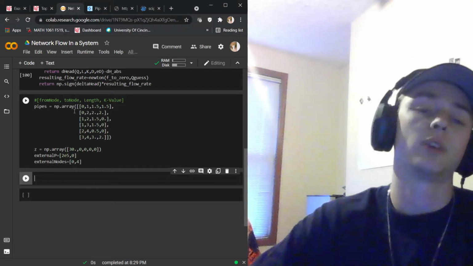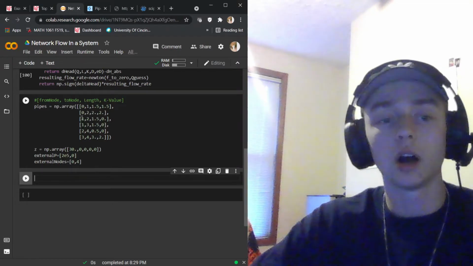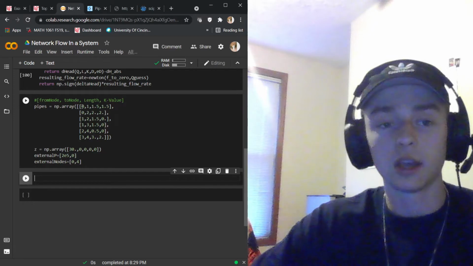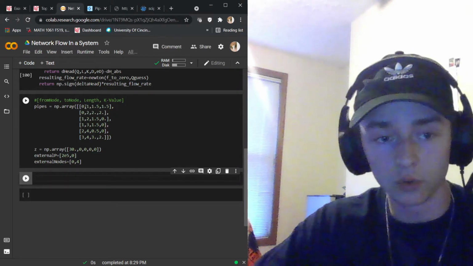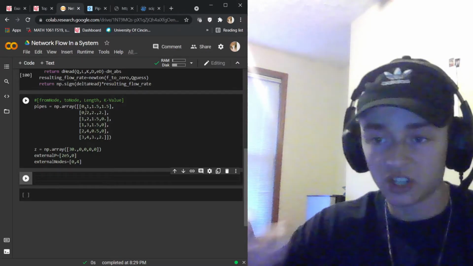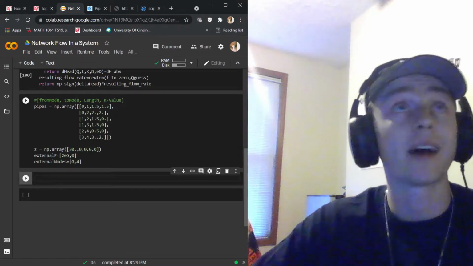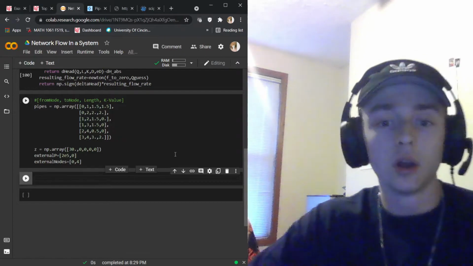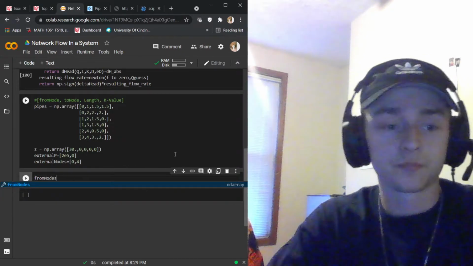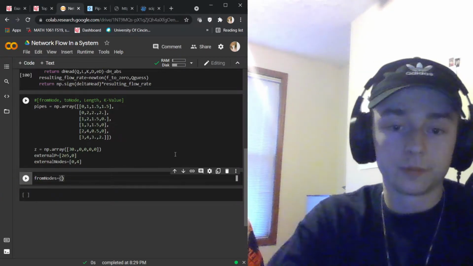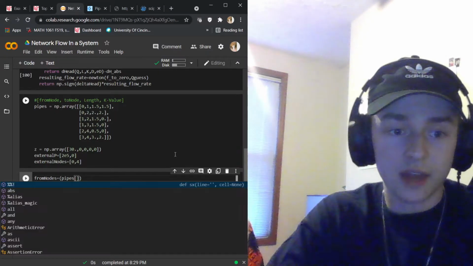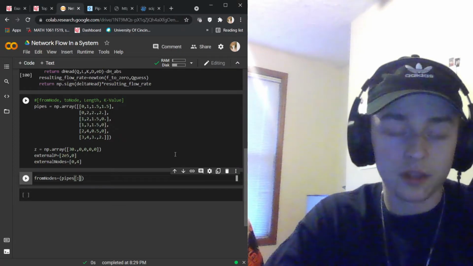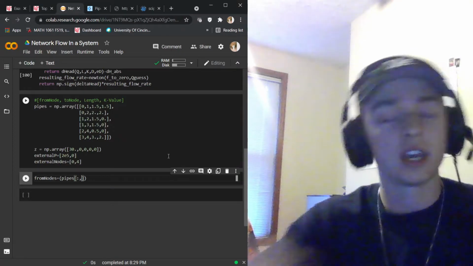And so what's going to happen is I'm going to be indexing each of these pipes, or these connections. And if you see here, we have 6 total connections, and there's only 5 nodes. And so what I'm going to say is our from nodes are equal to the pipes array, and we don't want anything from rows, because when you're indexing, it goes rows, columns.